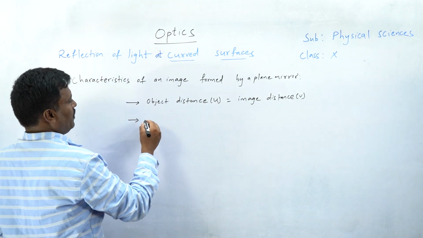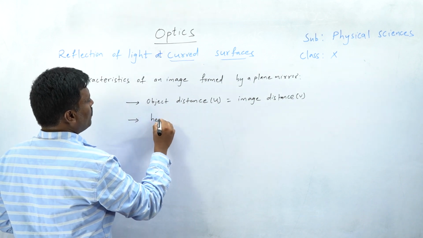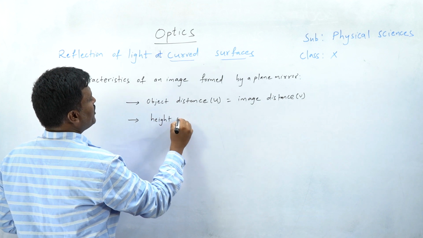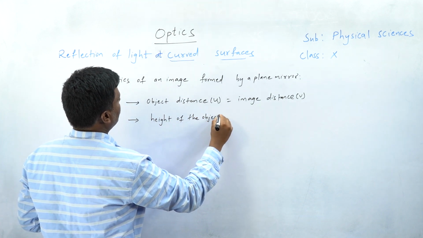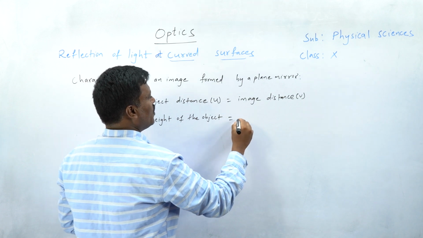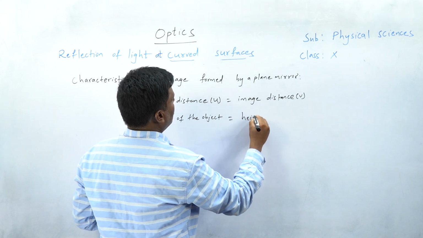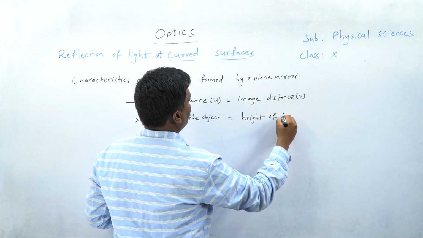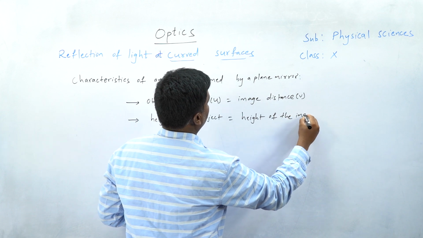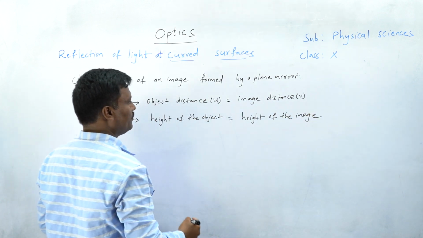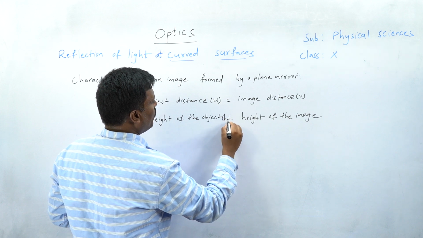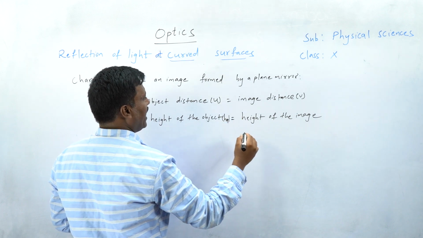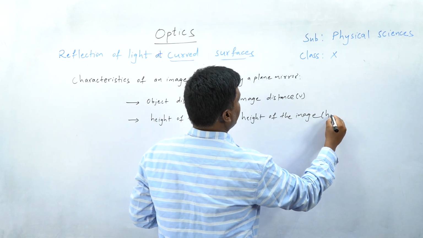Next, height of the object is equal to height of the image. Height of the object is denoted by HO and height of the image is denoted by HI.